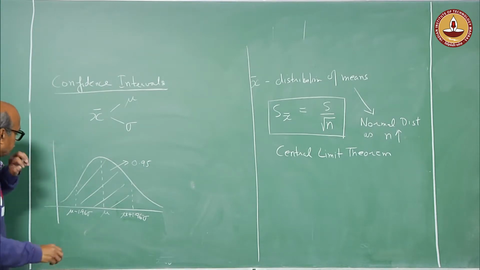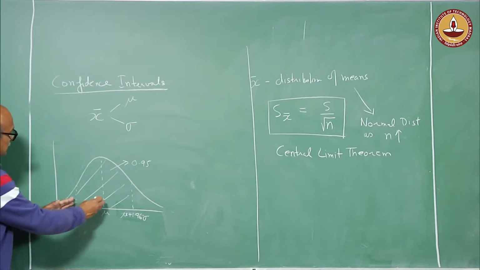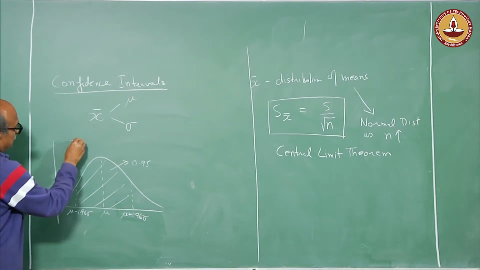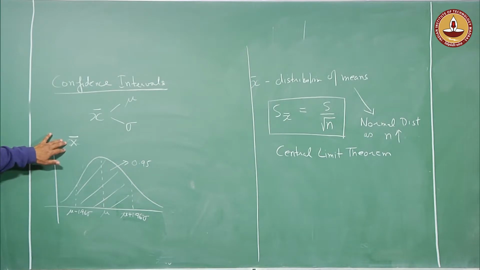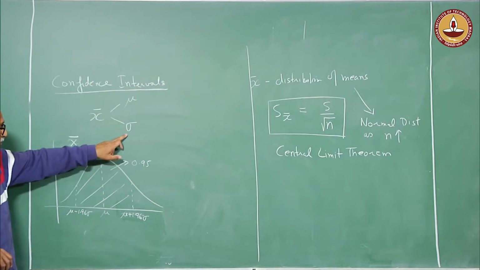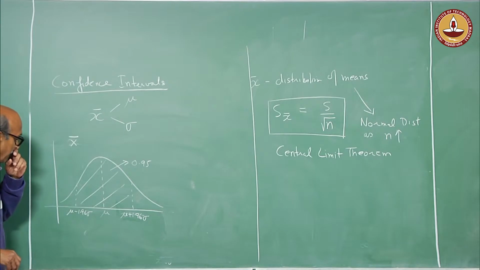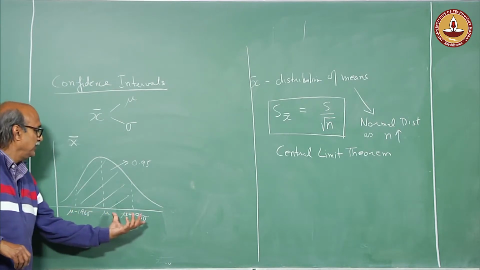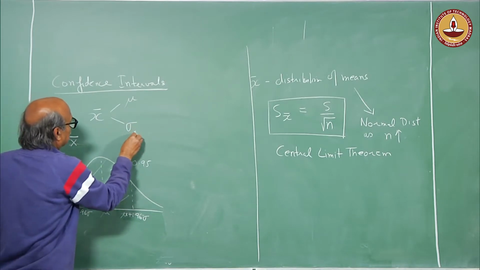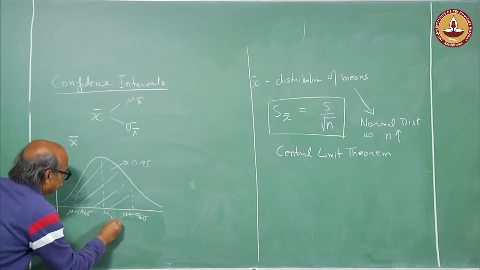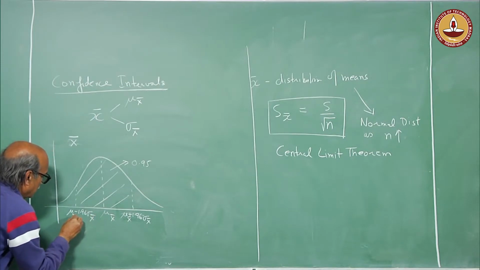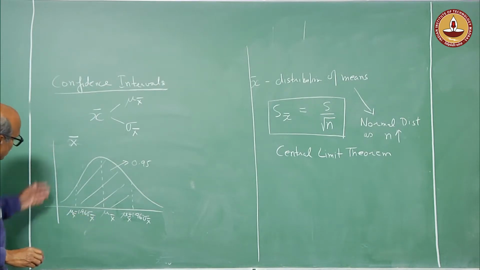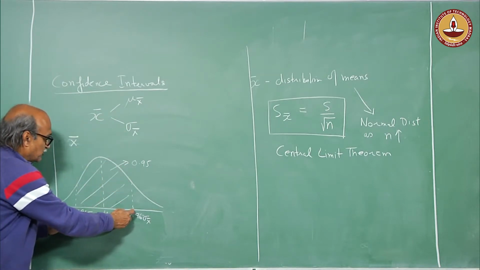Now, this is a distribution of means. Okay. So, this represents the distribution of the random variable, which is x bar. So, if I know an estimate of mu and if I know the estimate of sigma, then I should be able to, let me actually call this x bar, okay, this becomes my confidence interval.